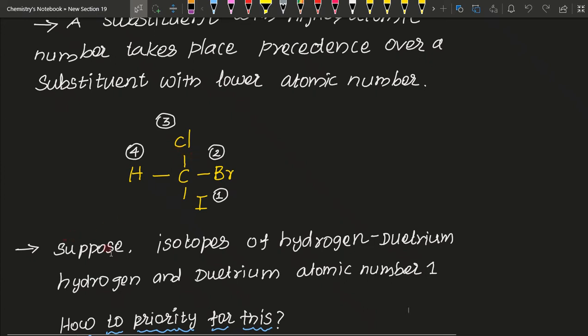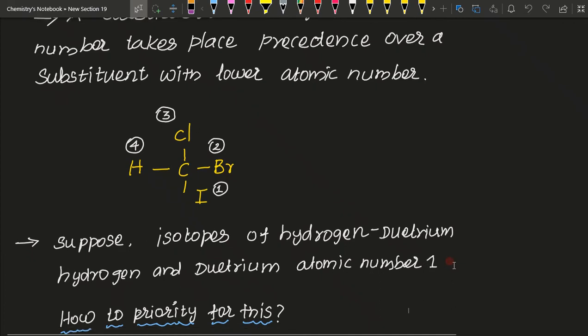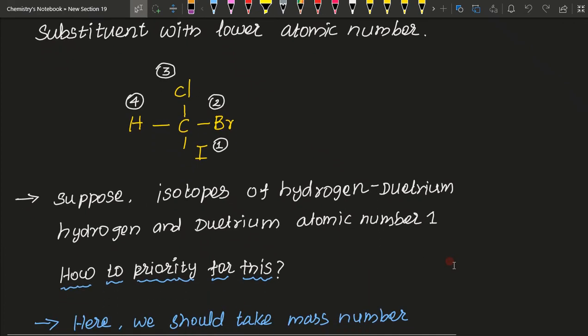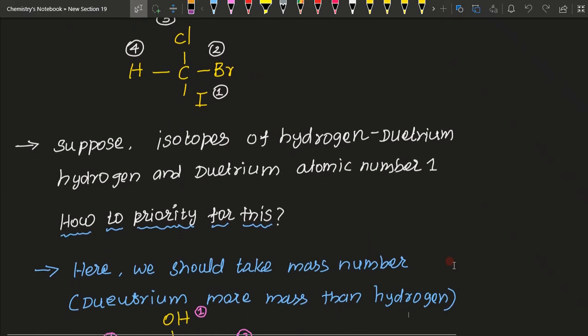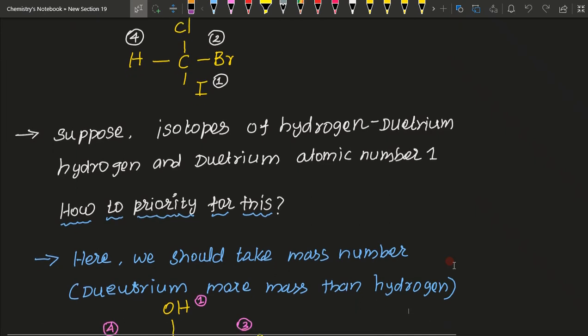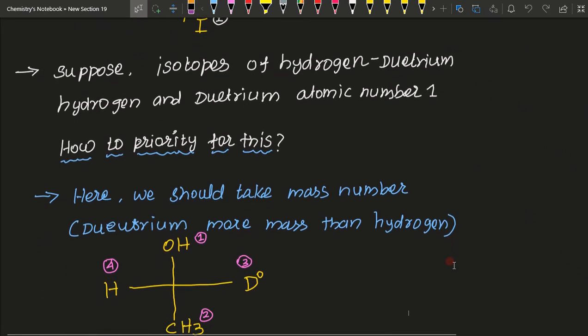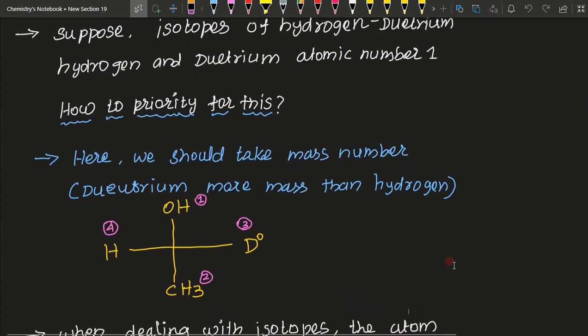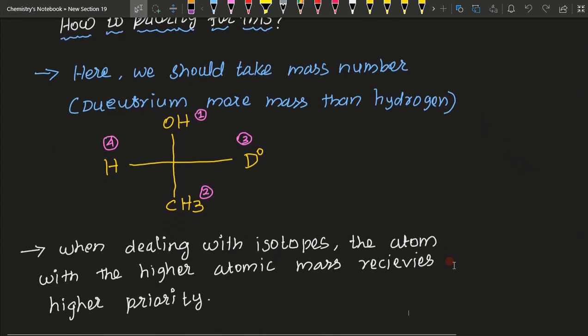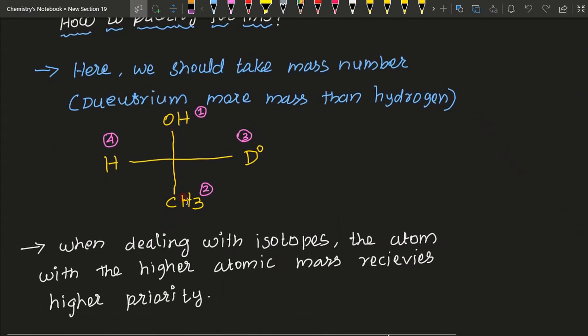Suppose isotopes of hydrogen, deuterium, atomic number is 1. How to prioritize this? Here we should take the mass number. Deuterium has more mass than hydrogen. See the diagram. This is the hydrogen.